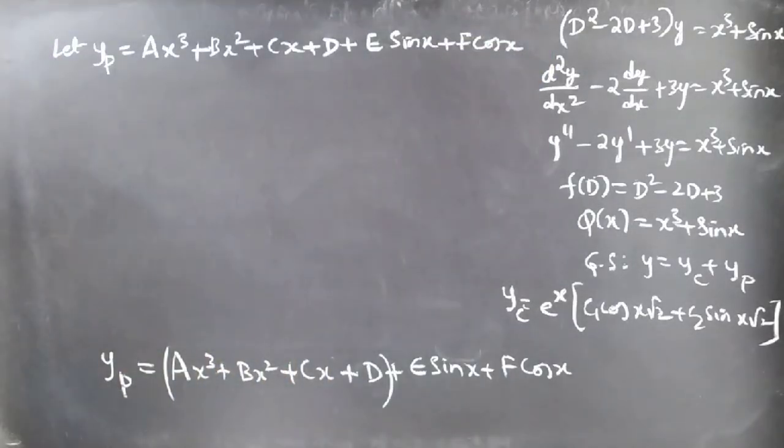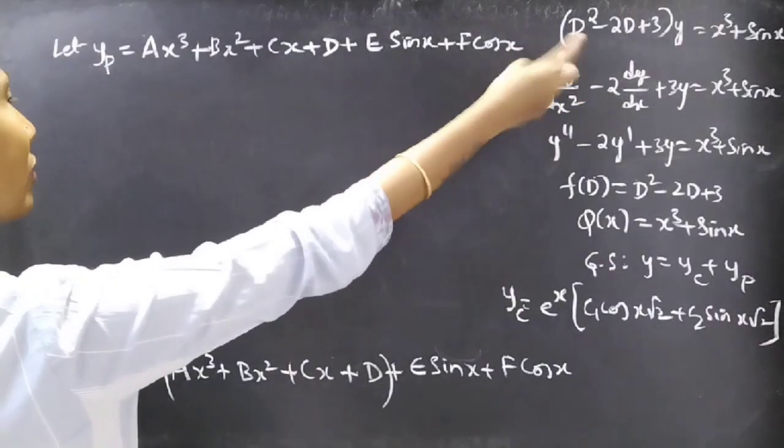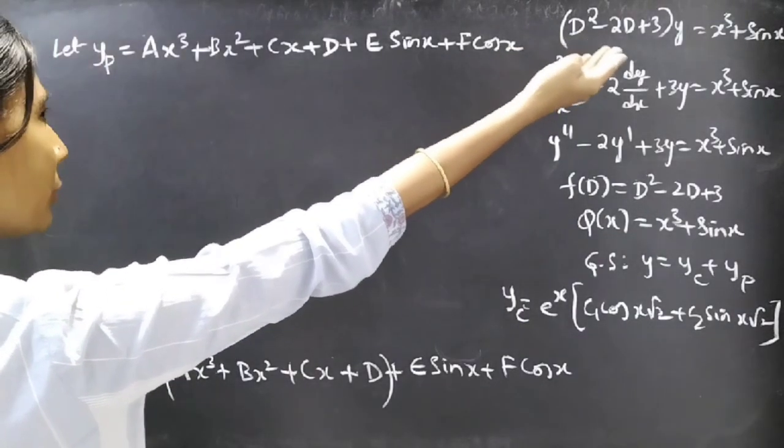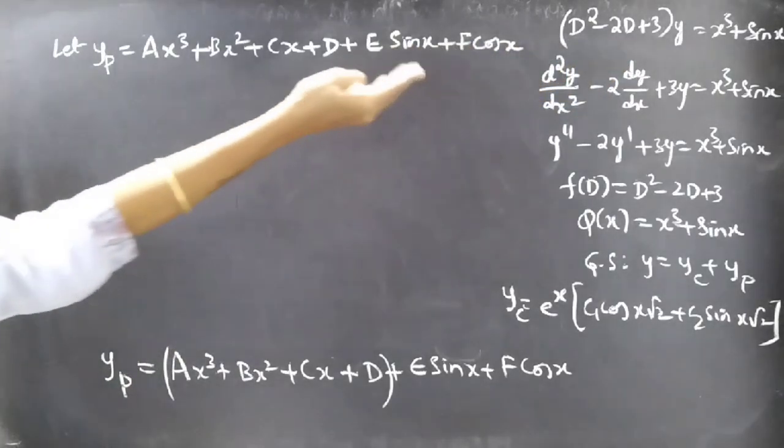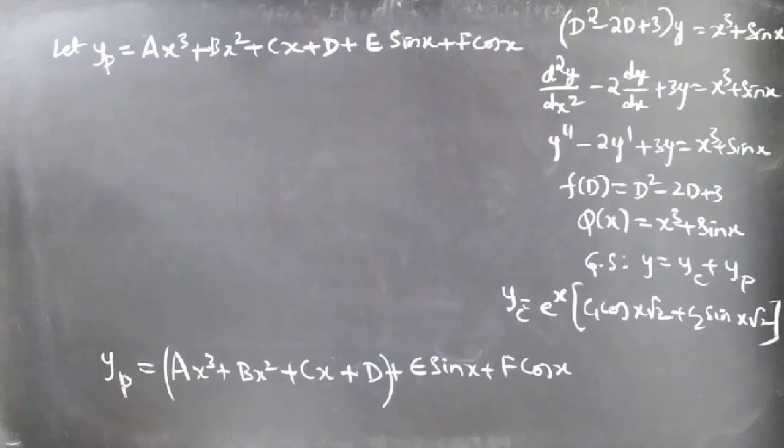We have picked yp such that it satisfies the given equation. Here you cannot just substitute yp because it is in operator form D, so I have reduced this to an equation in terms of y so that it is easy to apply yp.